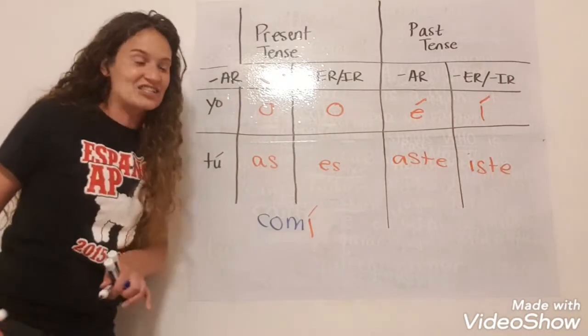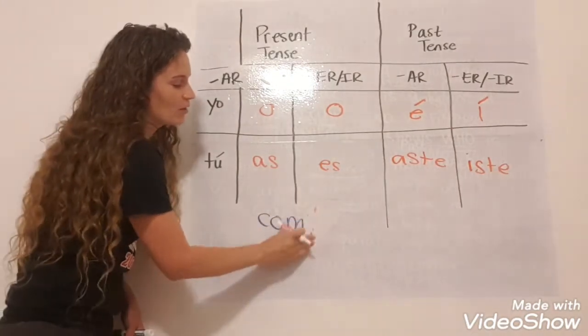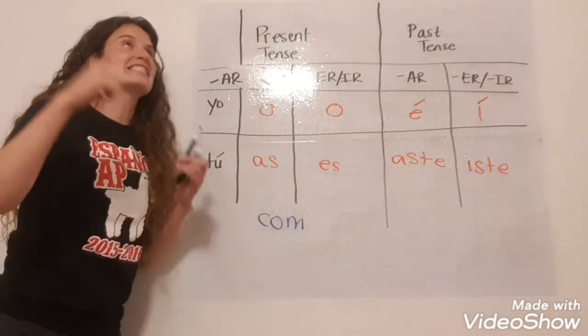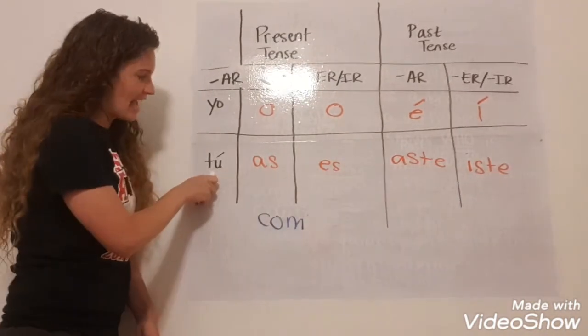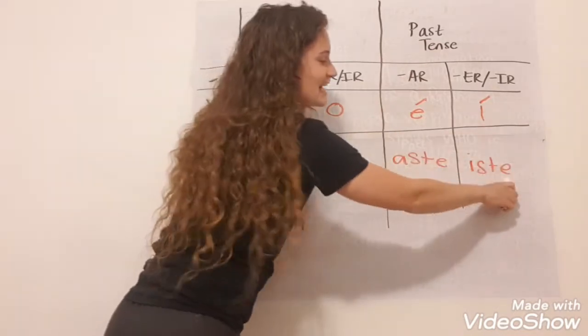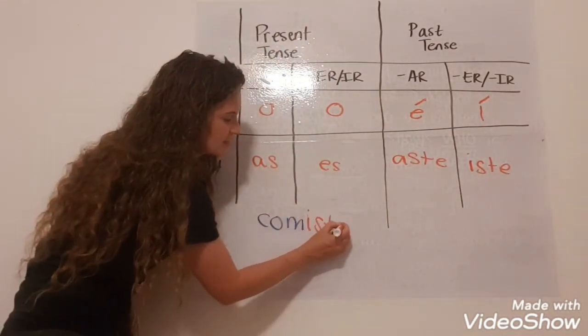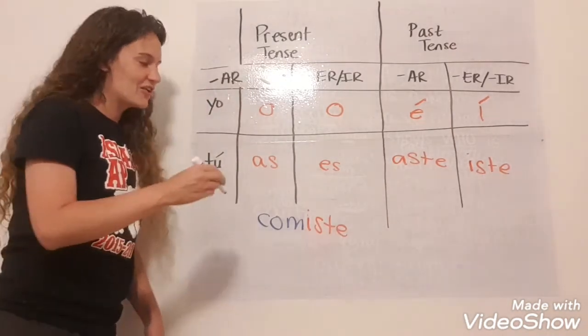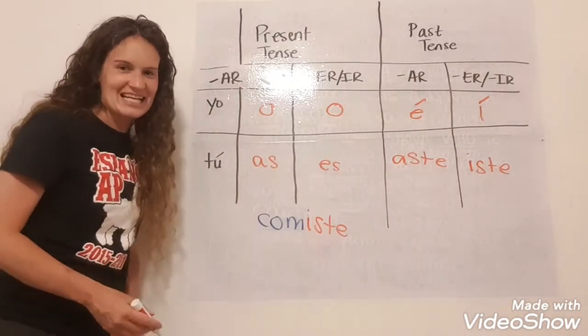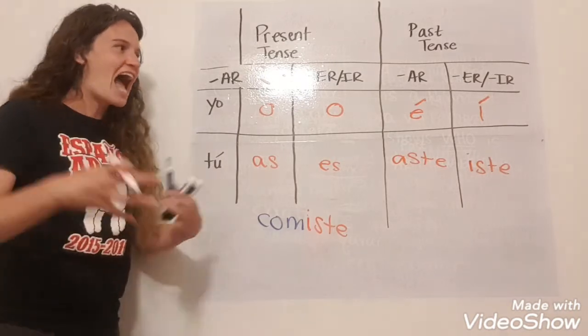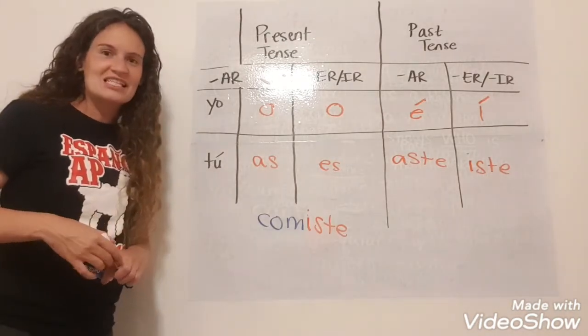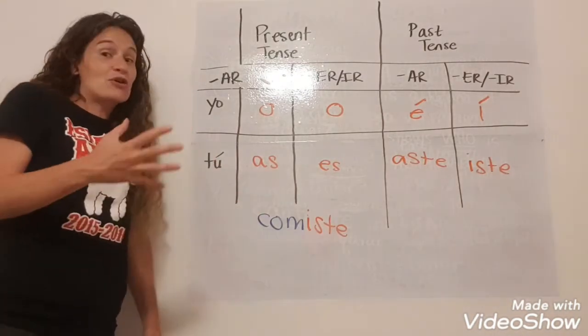Like I ate yesterday. And if I want to say you ate in the past, I would have to add my tú past tense ending for IR verbs, which is comiste. You ate, comiste.